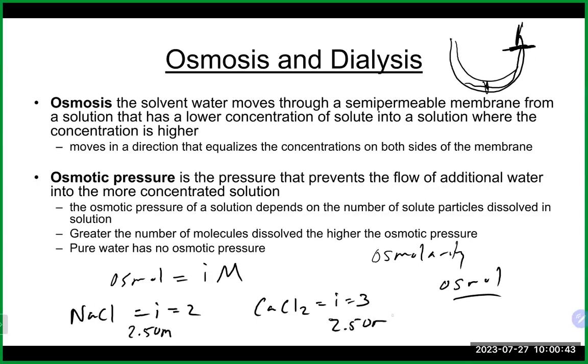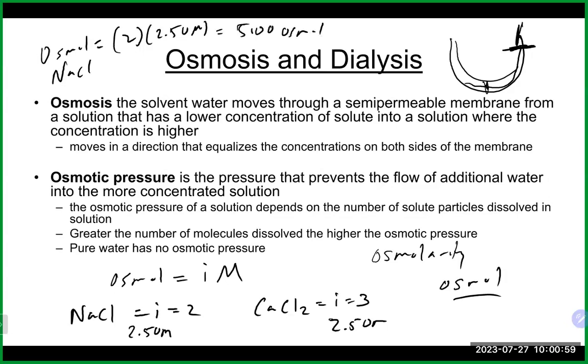we would calculate the osmolarity by taking, for example, the sodium chloride. We would take 2 times the 2.5, which is going to give us 5 osmolarity.